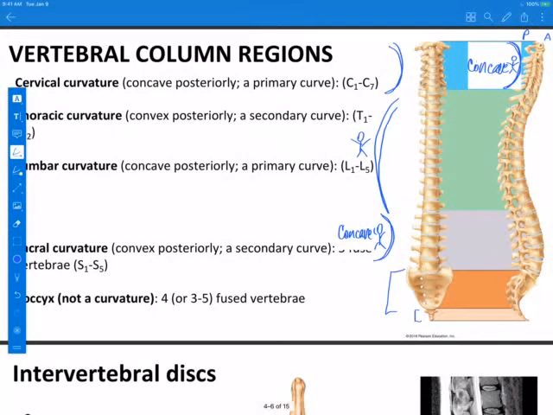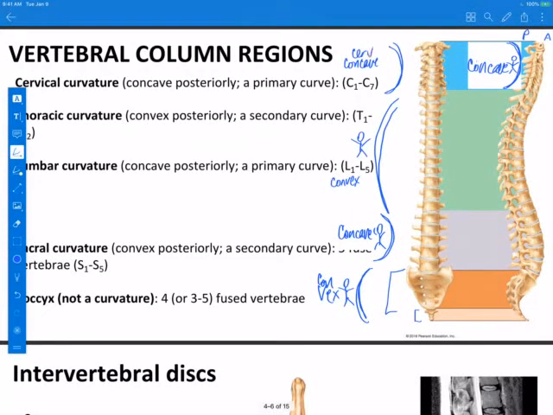And then for the sacrum, and by the way, this is applying to the picture on the right that shows the lateral view of the vertebra, the sacrum would have a curve like this, which would be considered to be, once again, convex. Okay, so this is convex, and this is concave.